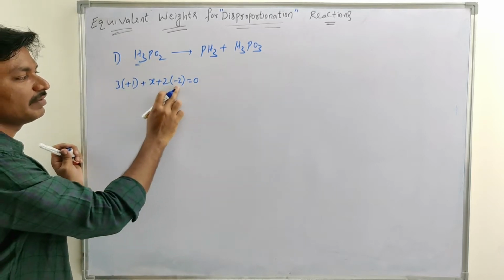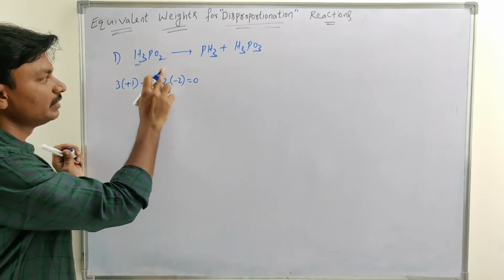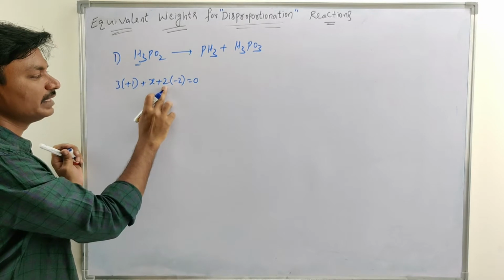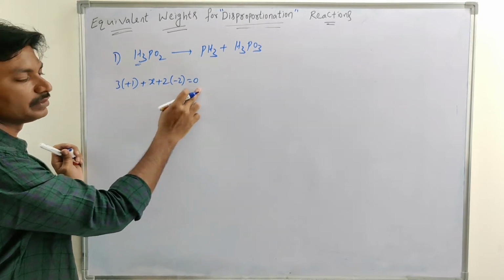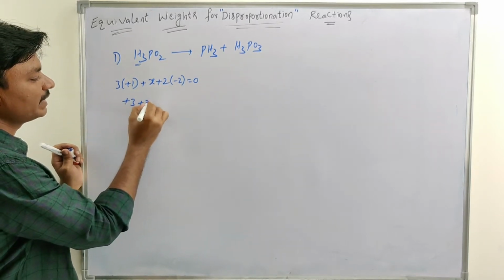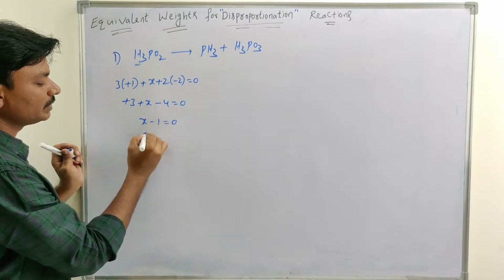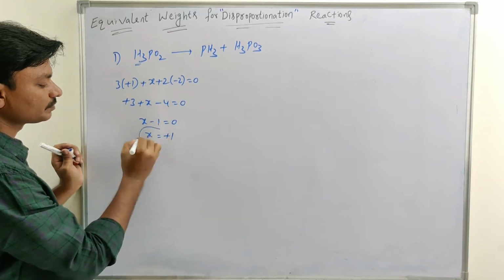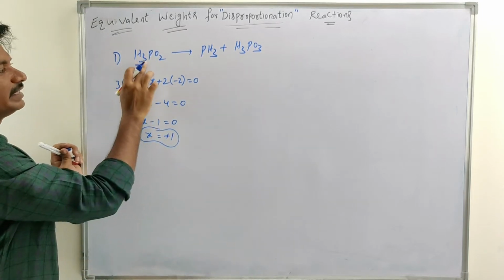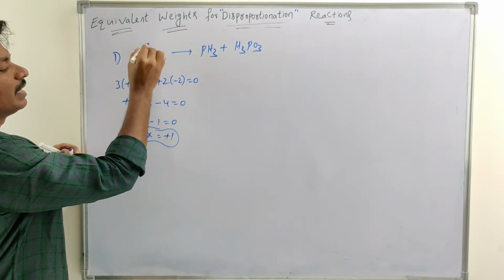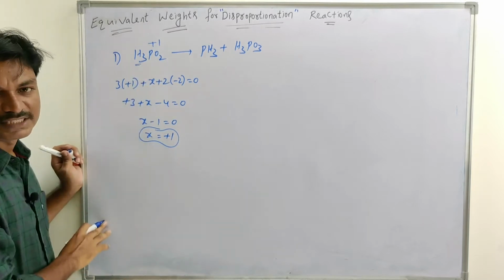Each oxygen atom has -2 charge. So 3 plus X minus 4 equal to 0, X minus 1 equal to 0, X equal to +1. In H3PO2, the phosphorus oxidation number is +1.